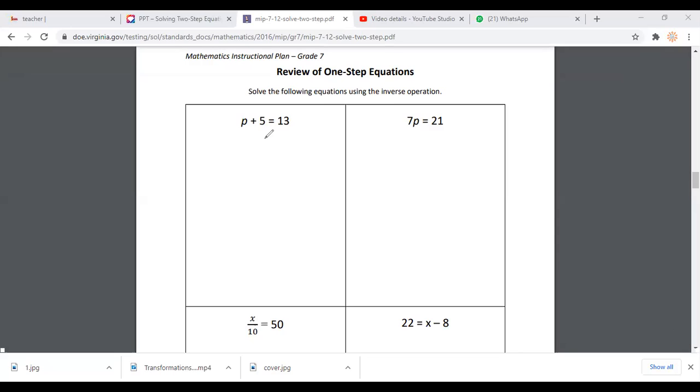How did you find the answer? Because I found the answer by 13 minus 5. Yes, 13 minus 5. Thank you. So we have two different methods to answer this question. As I said before, we can add the additive inverse directly, or we can combine like terms on one side.